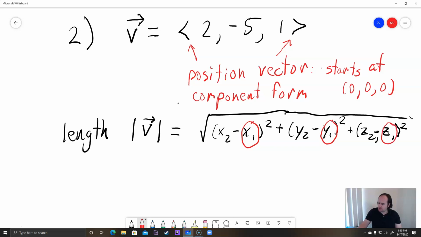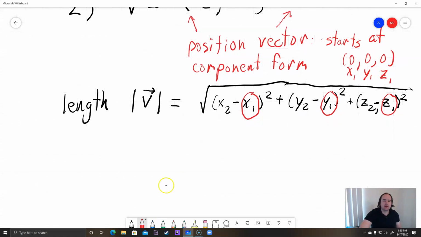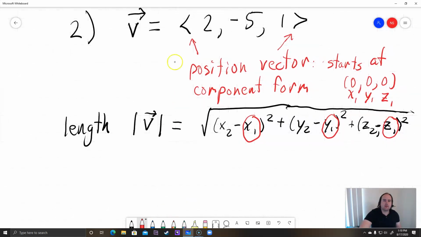Okay, that's our initial point. x1, y1, and z1. They're all going to be 0. So when I want to find the length of a position vector, it's just going to end up that I add up the squares of all these numbers in the position vector, and then I take the square root at the end. Okay, so each one of these is 0, 0, 0.